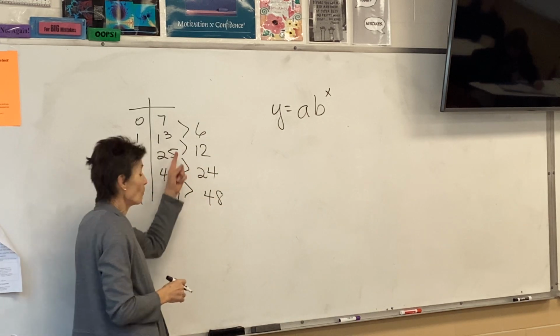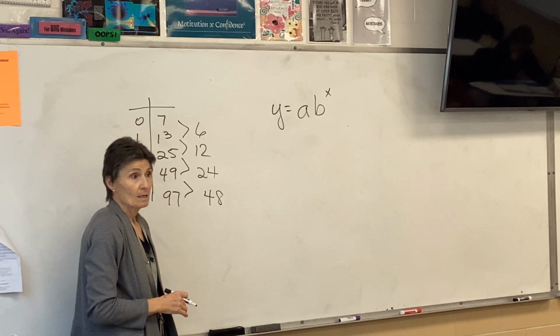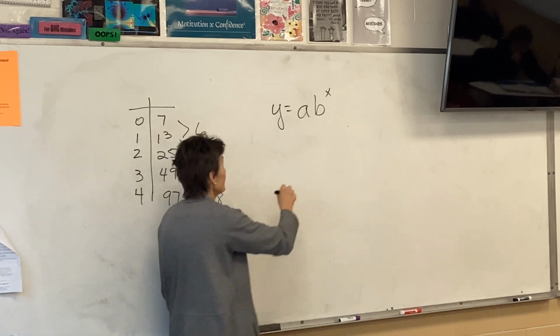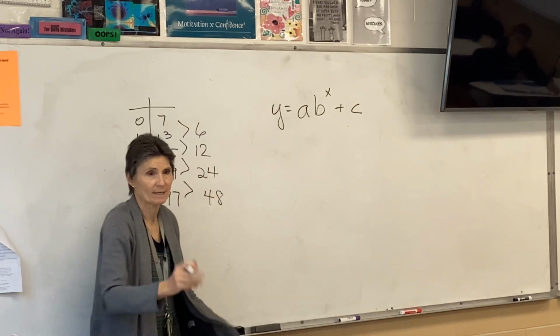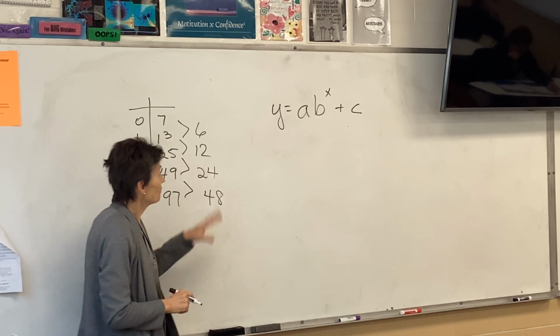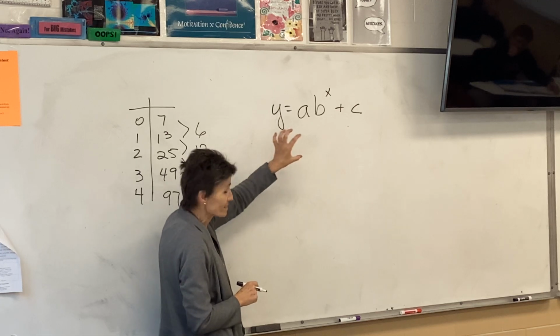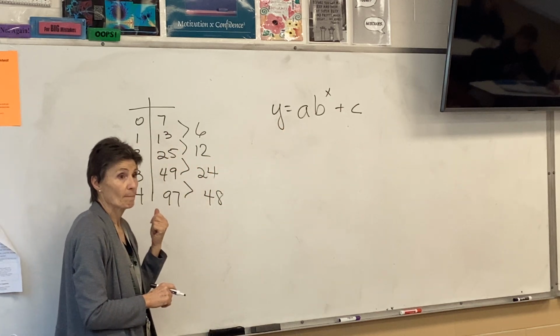These numbers don't fit that pattern. Something has been added. I'm just going to call it C, or call it whatever you want, doesn't matter. Your job is to write an equation that looks like that and fits these data points. Okay?